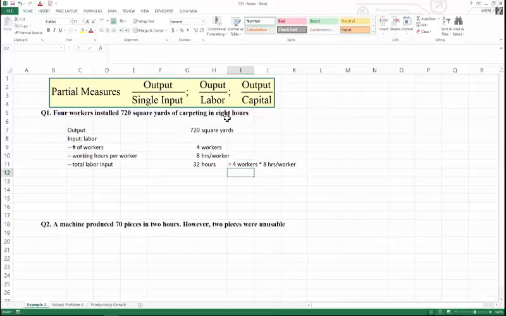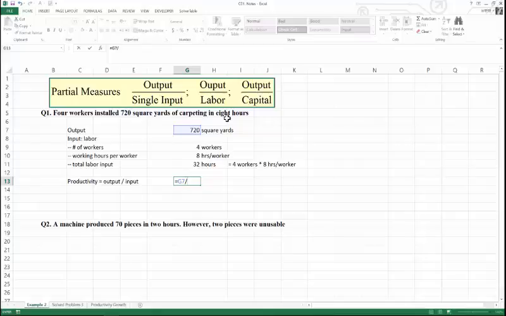Okay, now we can calculate the productivity, the partially measured productivity. So let me put it here. Productivity needs to equal output over input. Now we know what the output is here. Output is 720 square yards, divided by the input.